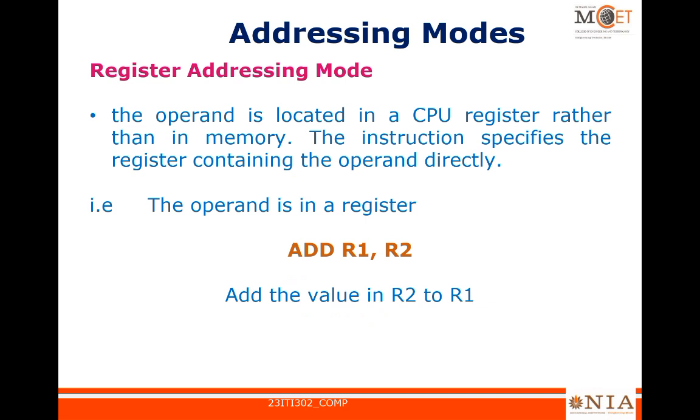So the instruction is accessed only over the register, not from main memory. The instruction clearly specifies the register containing the operand. For example, add r1 comma r2 says that we need to add the r2 register value to r1. Here r1 is the destination part and r2 is the source part.